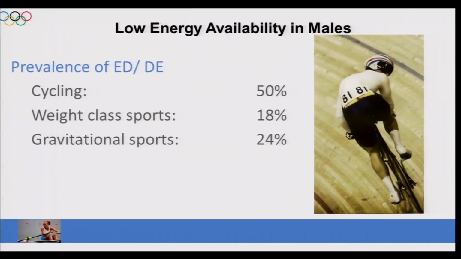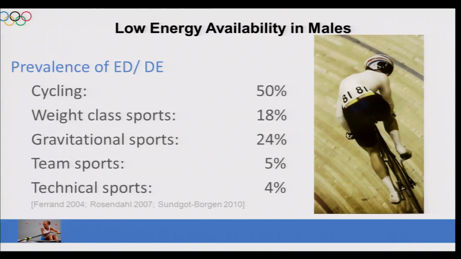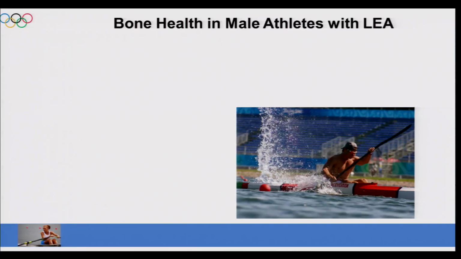Weight class 18%, gravitational 24%, team sports 5%, technical sports 4%. These numbers are lower than in female athletes, but still it exists, and for those physicians working with the male population, if we're not aware of this, we will be missing care that's needed.